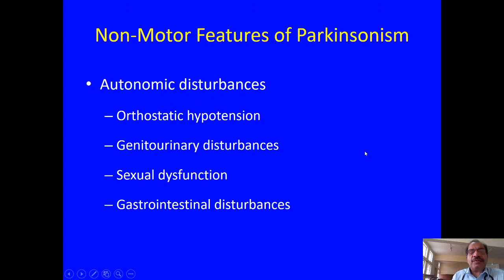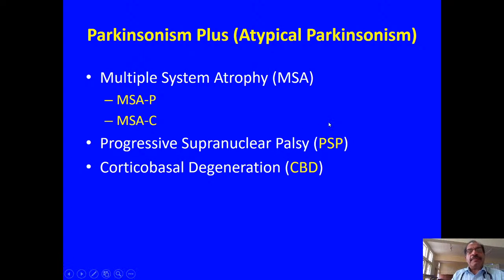These are the other features which may be seen, autonomic dysfunction. So this autonomic dysfunction can affect any part of the body. It may affect the cardiovascular system, genitourinary system, sexual dysfunction, etc. may be there, depending on which part of the body is affected more. So coming to Parkinsonism plus, as I mentioned, when Parkinsonism is associated with dysfunction of the cerebrum or brainstem, then it is Parkinsonism plus. And there are different types of disorders in this category.